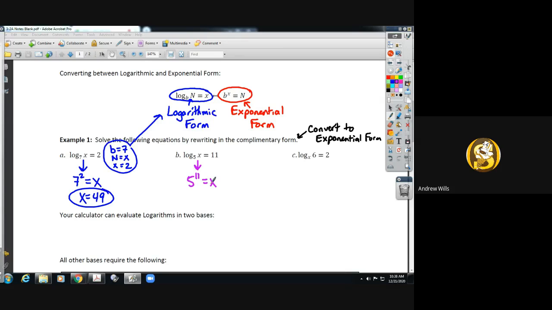So we put in 5 to the 11th power, and we get x equals 48,828,125. So we convert it, and then we use our calculator to evaluate it.